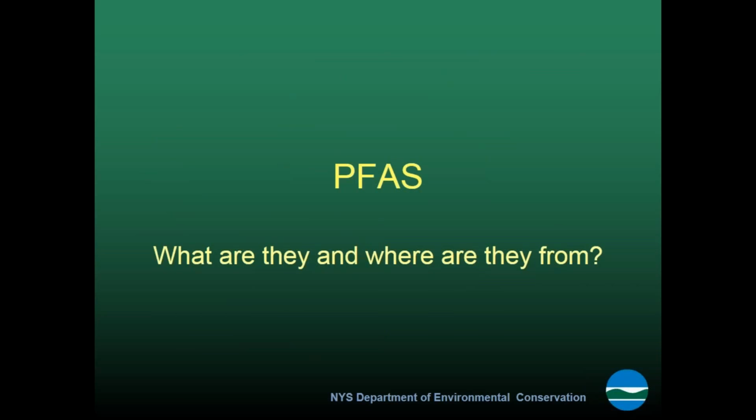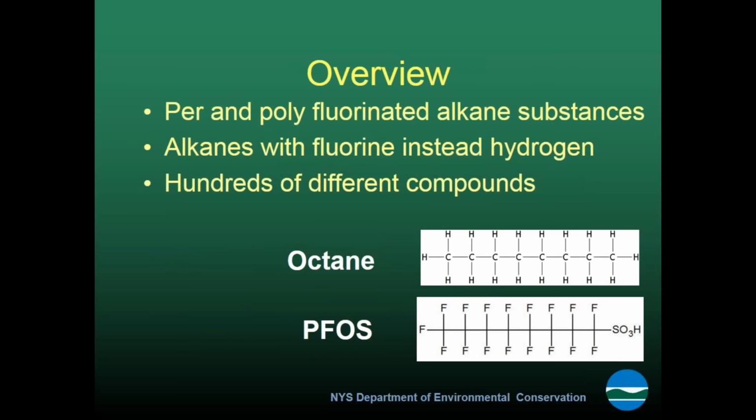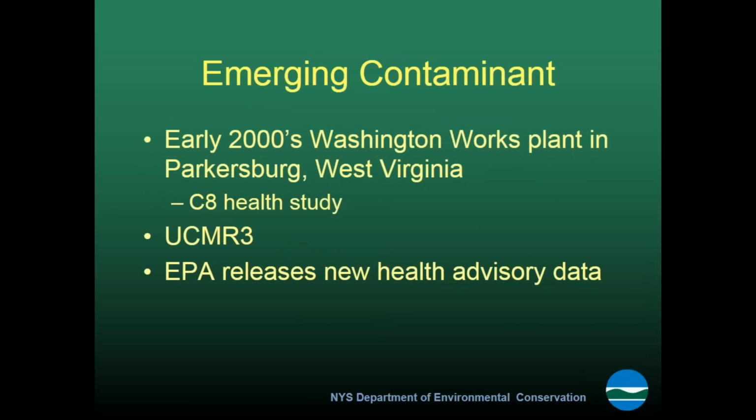I'm going to go through PFAS compounds fairly quickly because I'm sure there will be other follow-up discussions on these chemicals. Per- and polyfluorinated alkane substances, PFAS. There are hundreds, probably more accurately thousands of different compounds that have these either fully fluorinated or partially fluorinated alkanes.